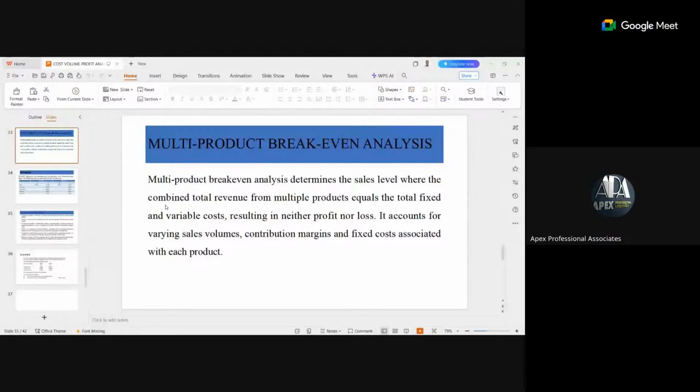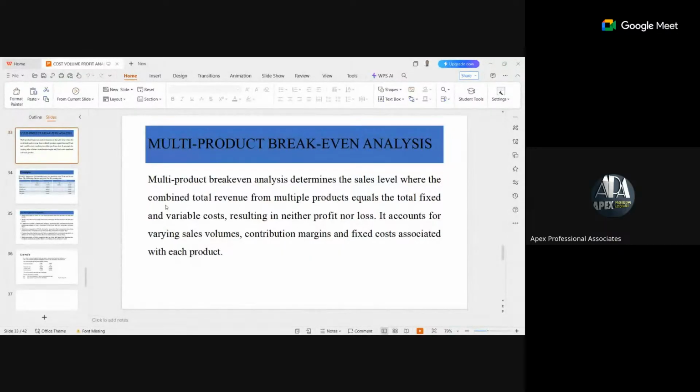Well, yesterday we laid a background that cost volume profit analysis is the study of the effects on future profits of changes in fixed costs, variable costs, sales price, quantity, and mix.